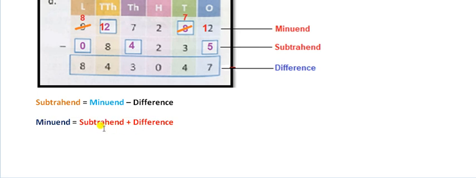Subtrahend और difference को add कर दो तो you will get the number. तो 8 plus 4, अगर हम 8 और 4 को add करते हैं तो वो बन जाएगा 12. तो here we will have 12 का 2. Here we will only write 2, and from 2 if we try to subtract it is not possible.